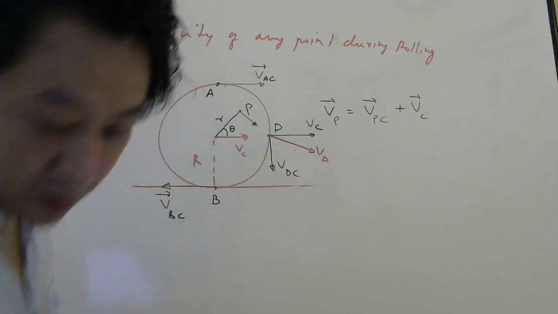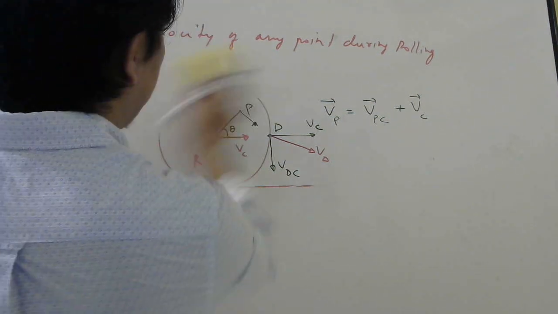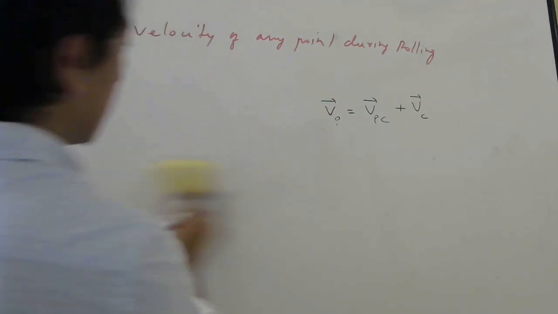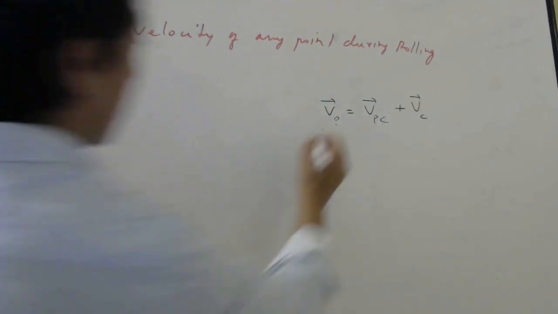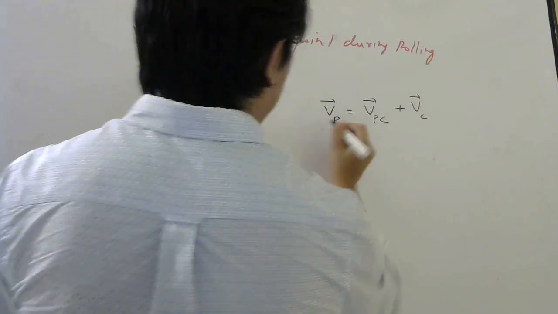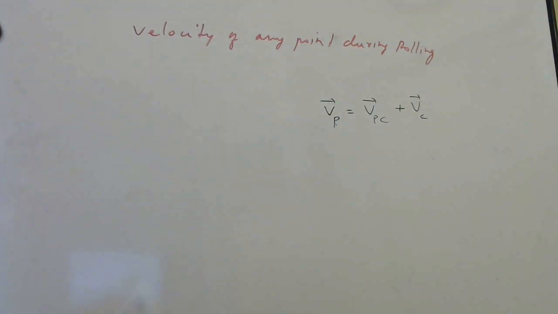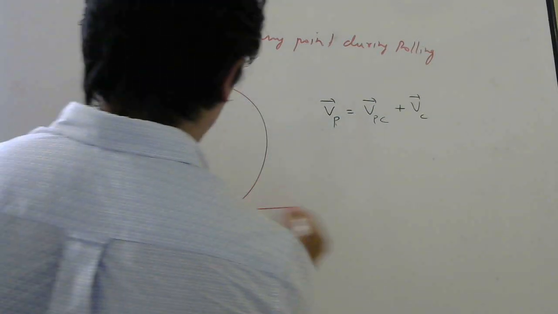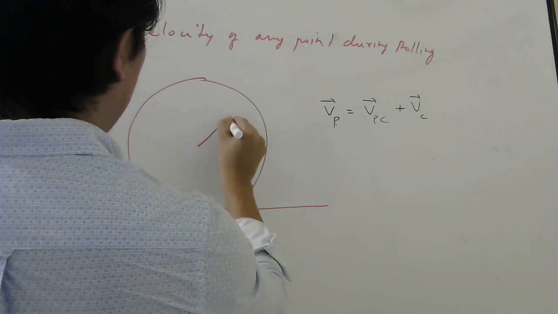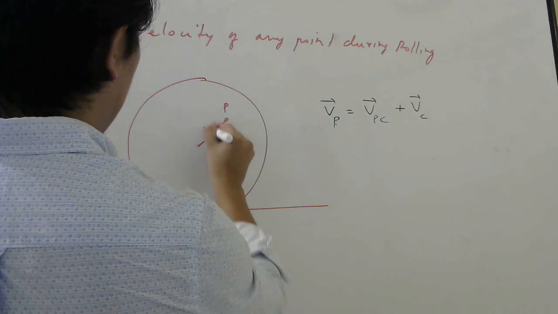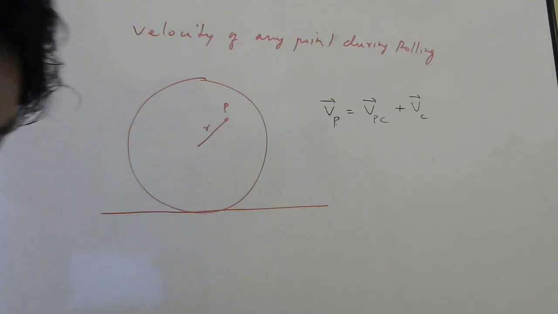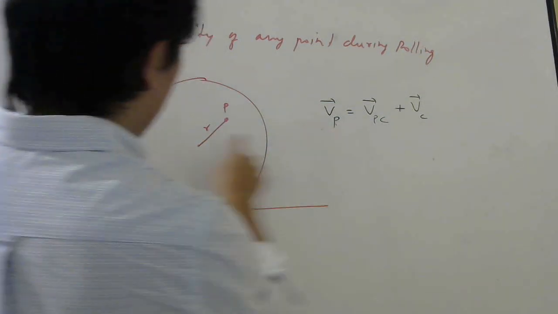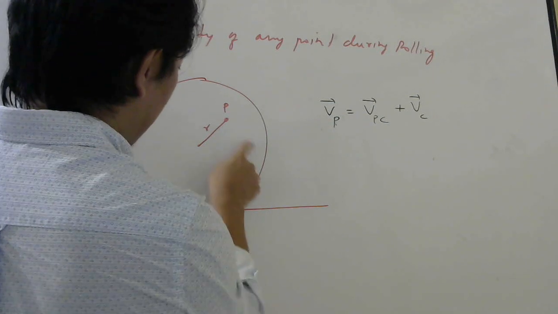Okay, let me rub the diagram and show you more clearly. So let us take any generic point. Okay, so this was your circle or your cylinder or sphere or whatever it is, and I took this point P. This is R. Now this is always tangent to this radius.